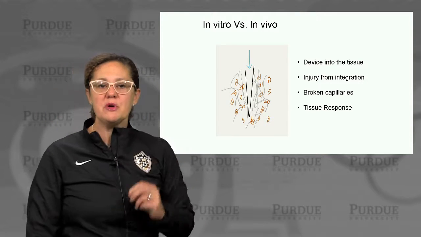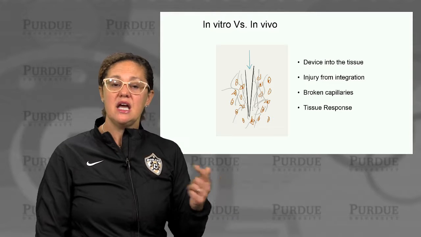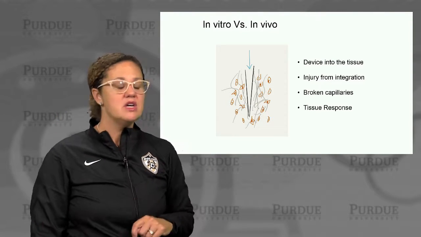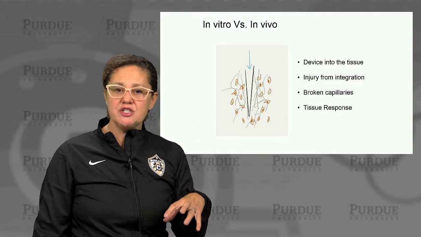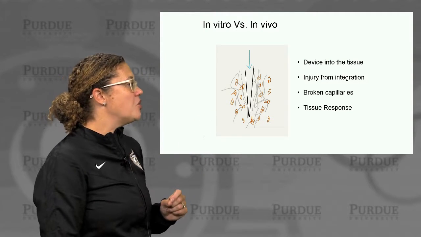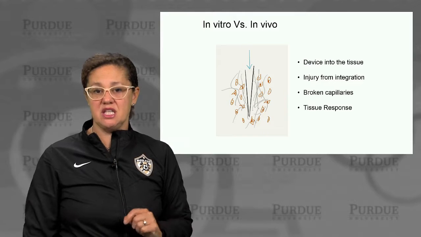Okay, so we've mostly been talking about in vitro. We've talked about 2D and 3D, but let's also talk about in vivo. In vitro, we're typically putting the cells onto or into an environment. But in vivo, we're often integrating the device into the tissue.